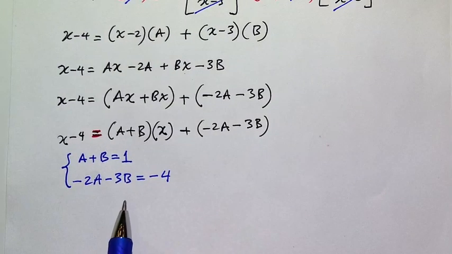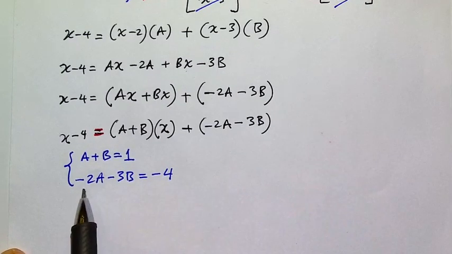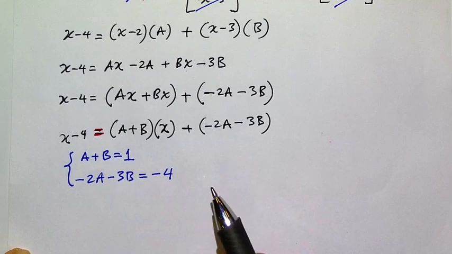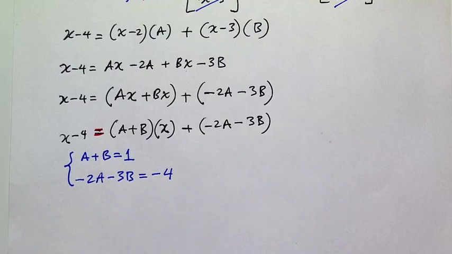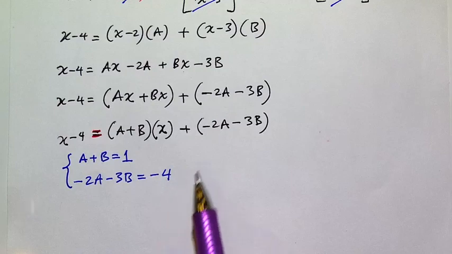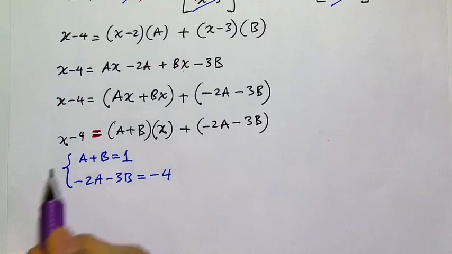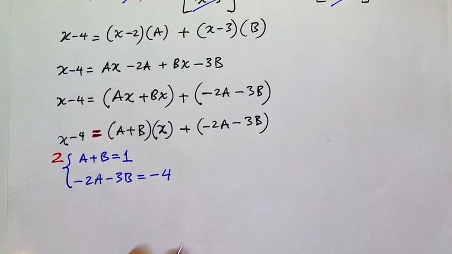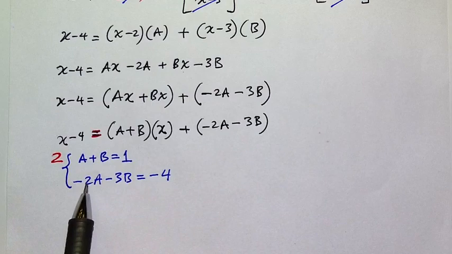Okay, so this is like any system you've solved before. All we have to do is solve for a and b, and we know how to do that, right? Either a or b is easily solved for. I'm just going to multiply the top row by 2. You can use any method that you prefer, just to get rid of the a terms.